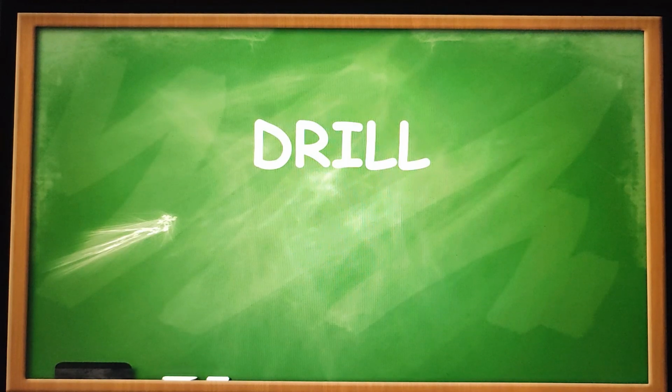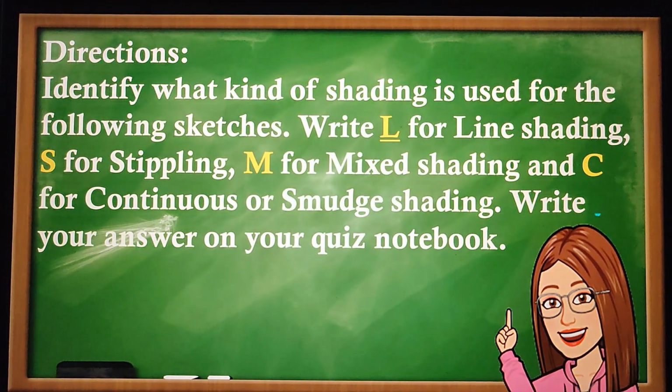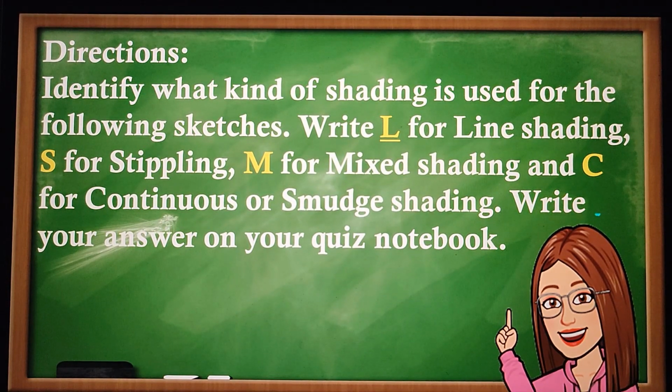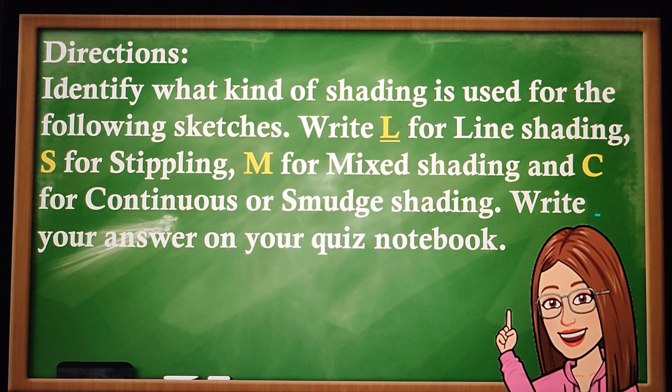Are you ready? Directions: Identify what kind of shading is used for the following sketches. Write L for line shading, S for stippling, M for mixed shading, and C for continuous or smudge shading.